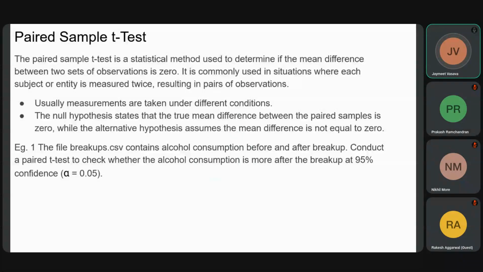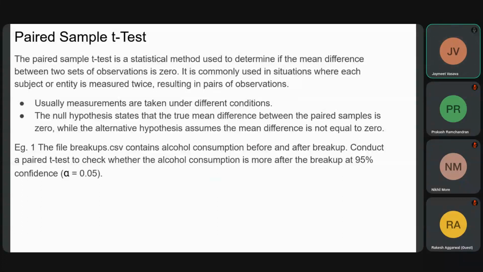So moving further with the paired sample t-test. A paired sample t-test is a statistical method used to determine if the mean difference between two sets of observations is zero. It is commonly used in situations where each subject or entity is measured twice, resulting in pairs of observations.